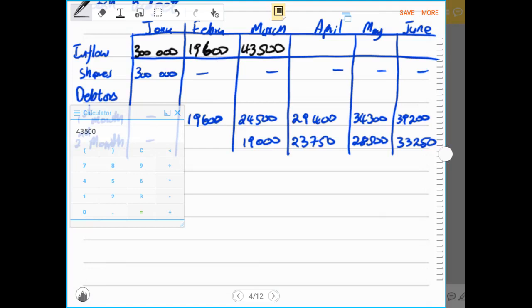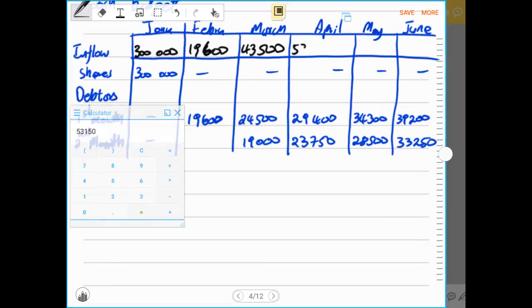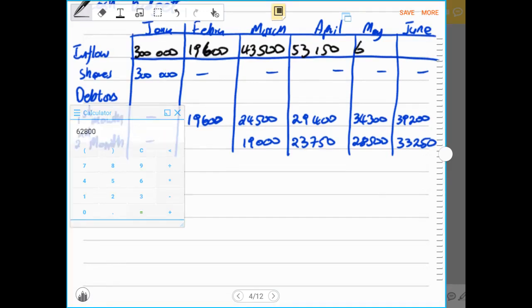Then we'll have 29,400 plus 23,750, which is 53,150. Then we have 34,300 plus 28,500, and this gives us 62,800.